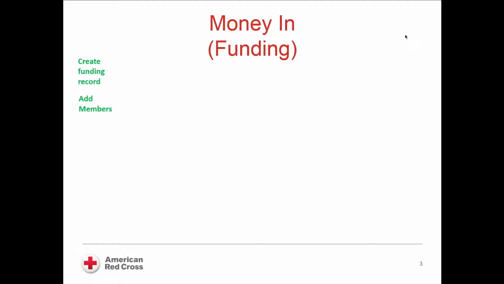The next role is the finance approver, who will give the stamp of approval from finance internally before it goes to the donor. And then two more roles that are maybe a little less straightforward. One is the project administration lead. This is the person who probably creates the funding record and adds the members.